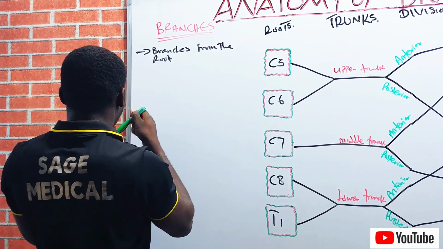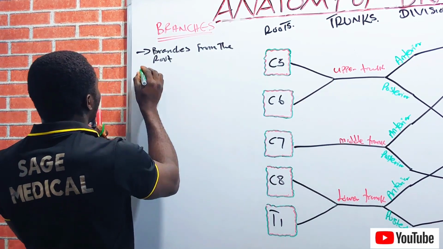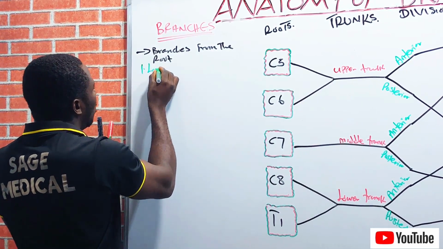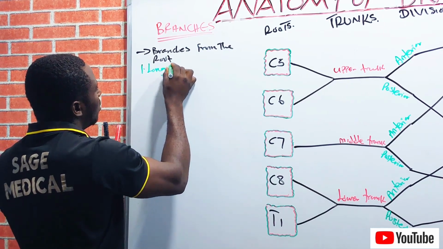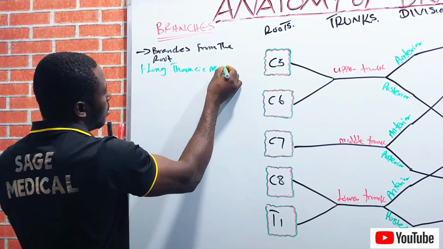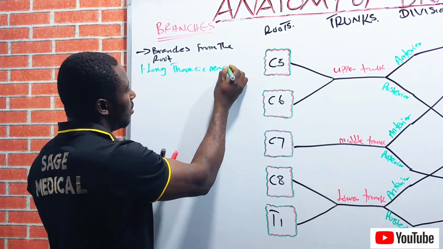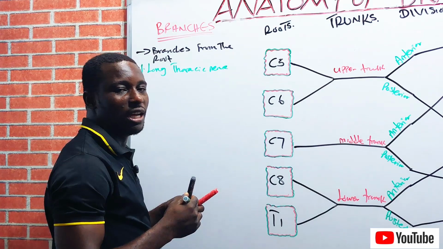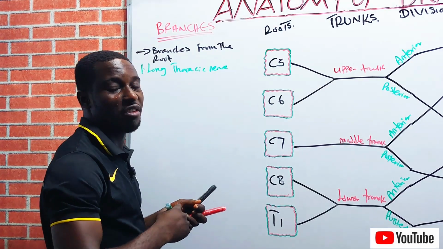Number one, the long thoracic nerve. The long thoracic nerve can be called the nerve to serratus anterior or nerve of Bell.